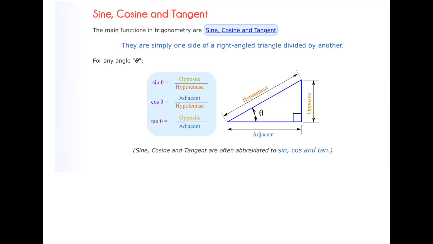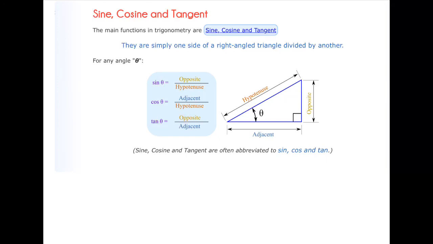This ratio is defined to be opposite over adjacent. So these are the main three trig ratios that we have in a right triangle. You should revise this over and over again so that you can memorize them. Sine, opposite over hypotenuse. Cosine, adjacent over hypotenuse. Tangent is opposite over adjacent.